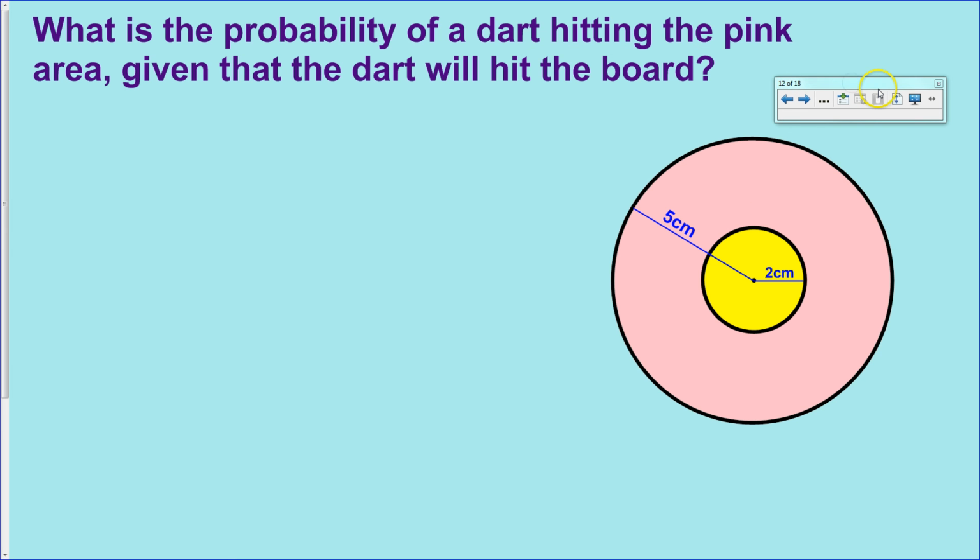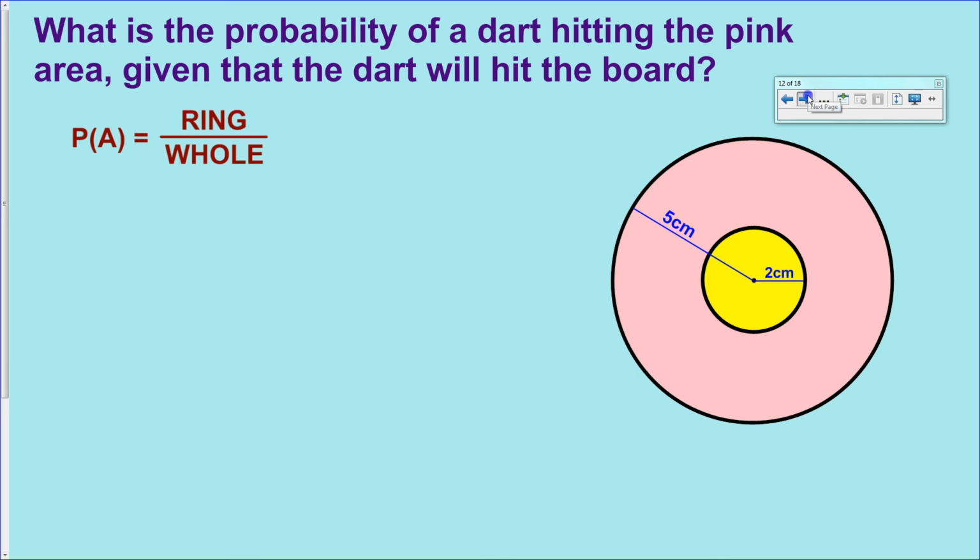Next one. What is the probability of a dart hitting the pink area given that the dart will hit the board somewhere? Well, we have to split this problem into a little bit more manageable chunks. The probability of this event happening, I'll call it event A, is the probability that the dart will hit somewhere on this ring, or the area of this ring divided by the area of the whole board.